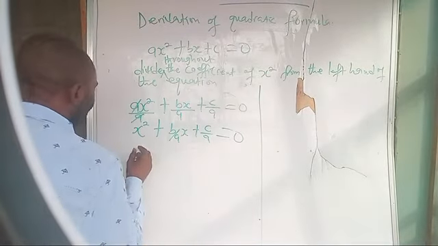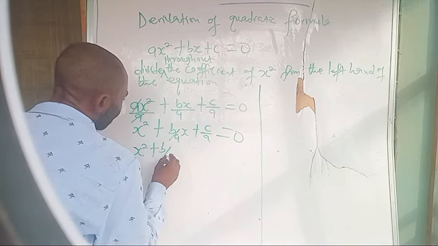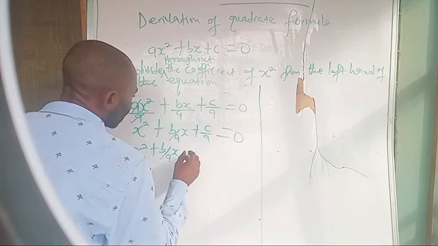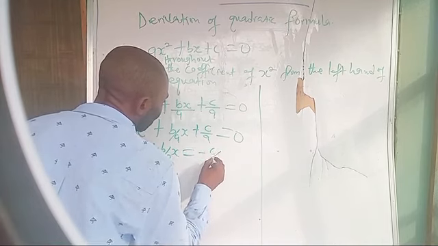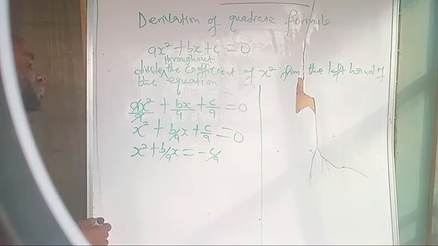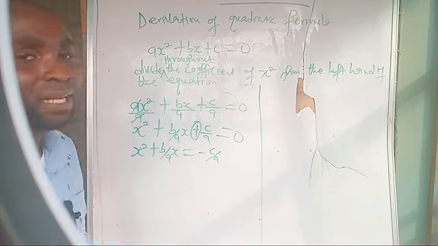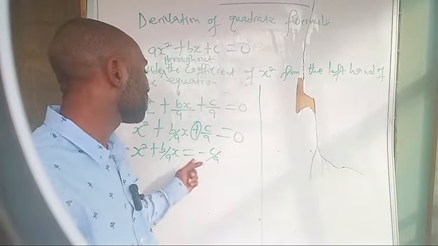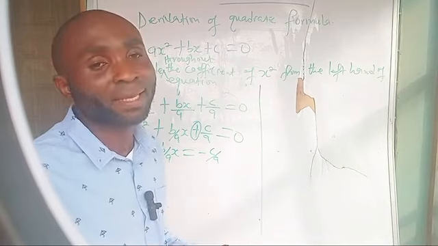So now x squared plus b all over a x is equal to minus c all over a, because this sign has reversed to minus because of crossing the equality sign.